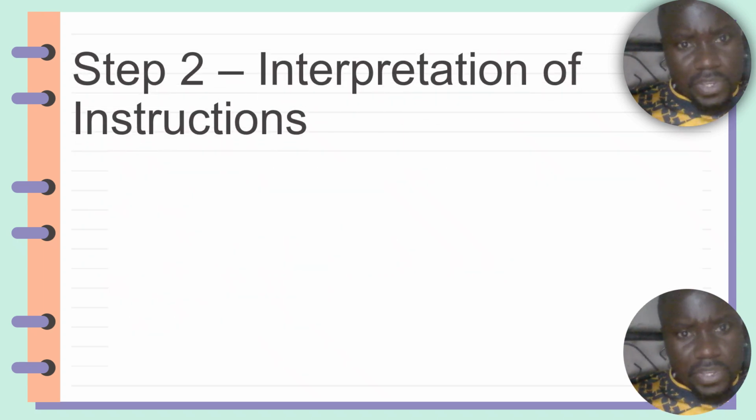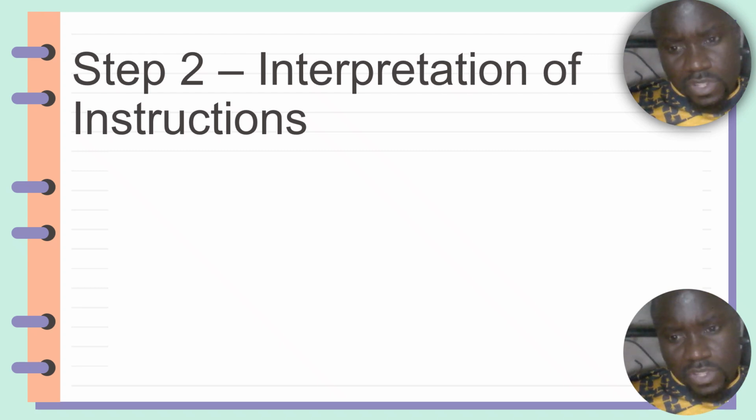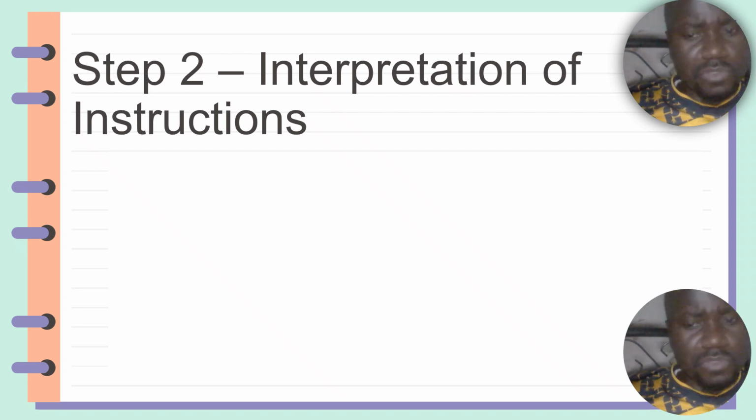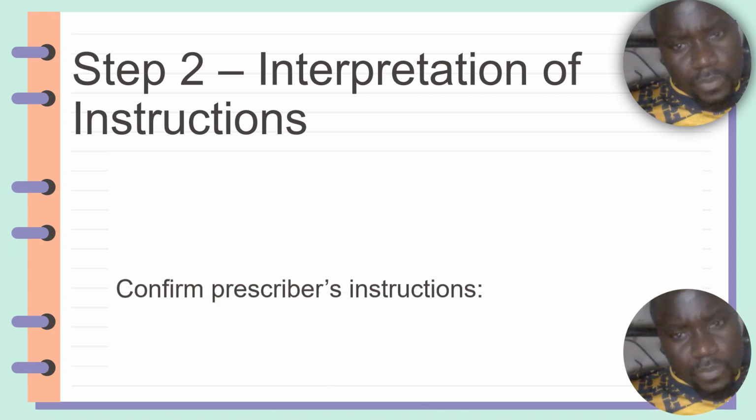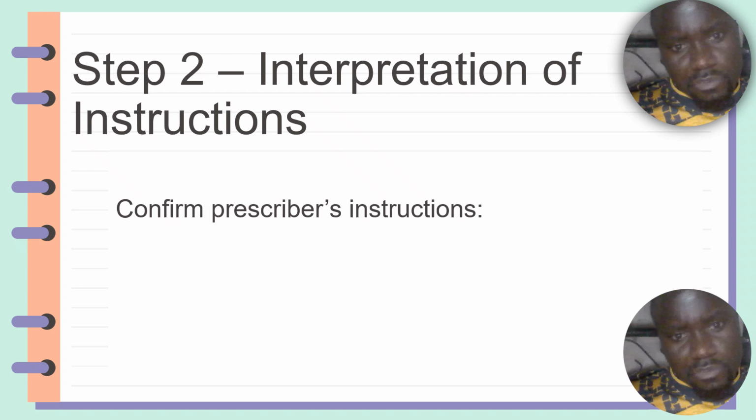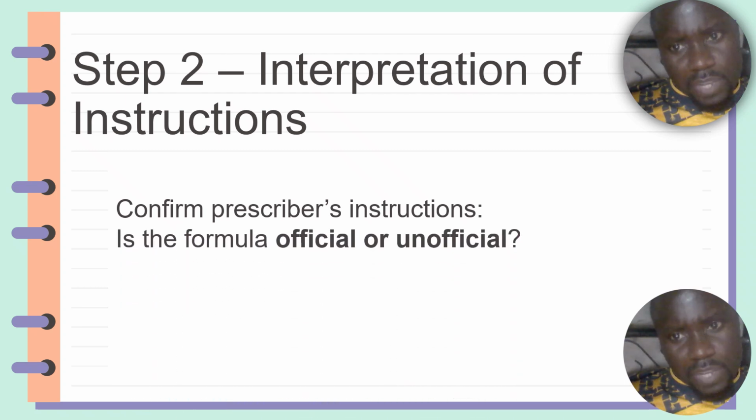The next step is interpretation of the instructions. So the prescription is considered as an instruction, also as a suggestion of what needs to be given to the patient in terms of medicines. So we have to ensure that we confirm what the prescriber is indicating on the prescription in terms of what they have suggested.